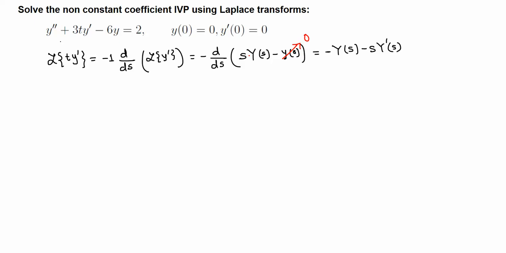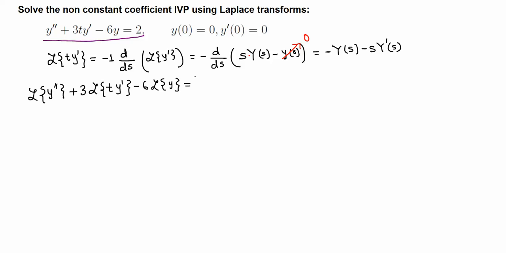Anyways, we consider this differential equation. Now we take Laplace on both sides. We get Laplace of y double prime plus 3, the constant outside, times Laplace of ty prime, which is what we just found, minus 6 Laplace of y, equals Laplace of 2, which is 2 over s.